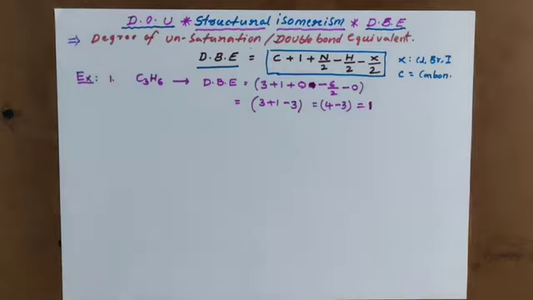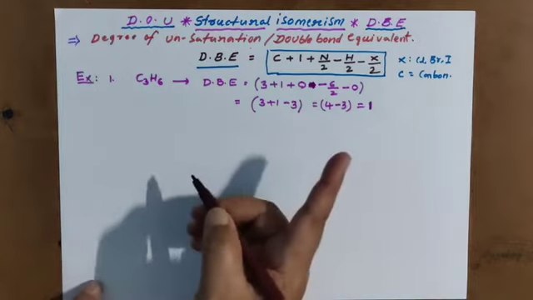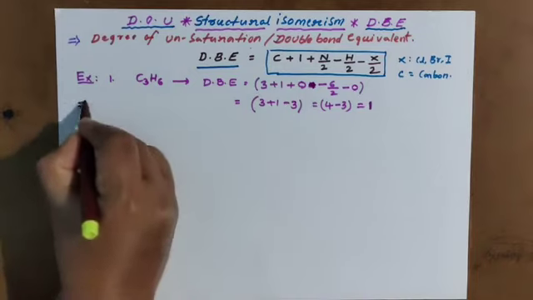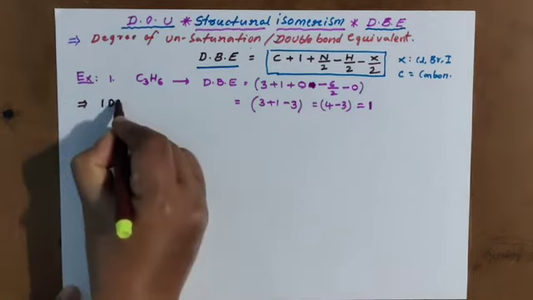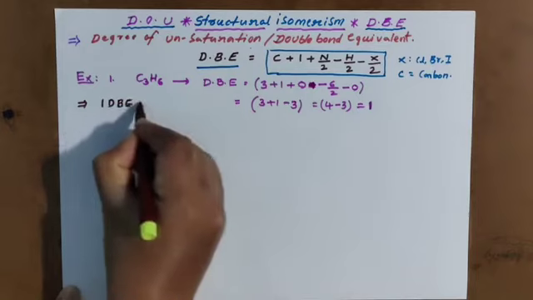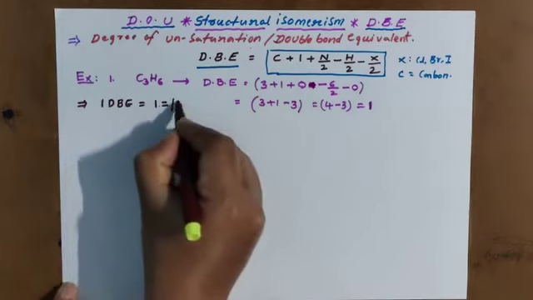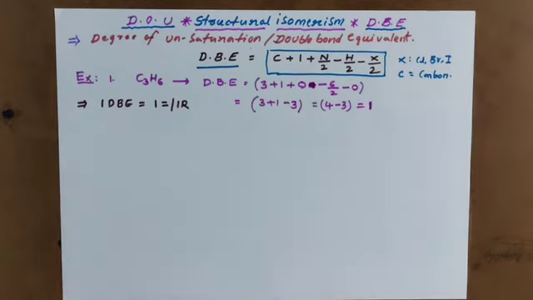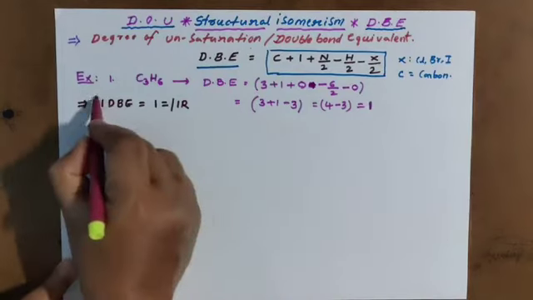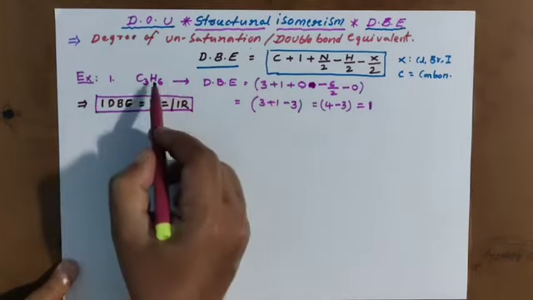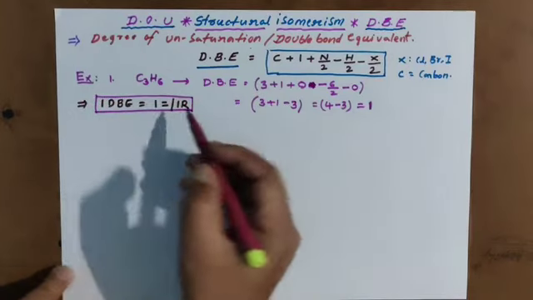We got a DBE value of 1, which means, remember, 1 DBE equals 1 double bond or 1 ring. If for any compound you get DBE value 1, that indicates 1 double bond is possible in the compound, or 1 ring is possible.